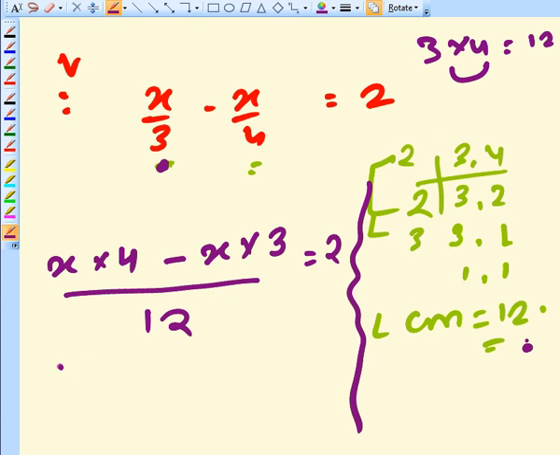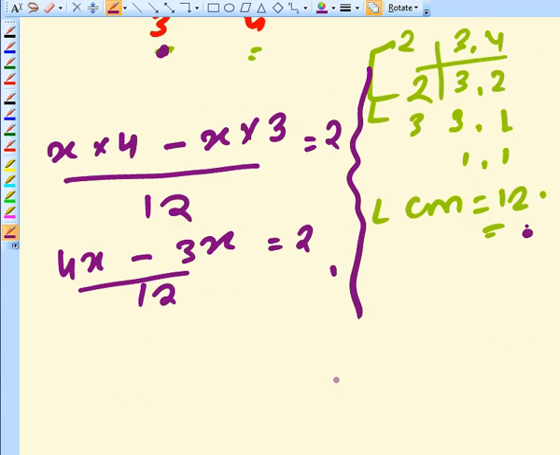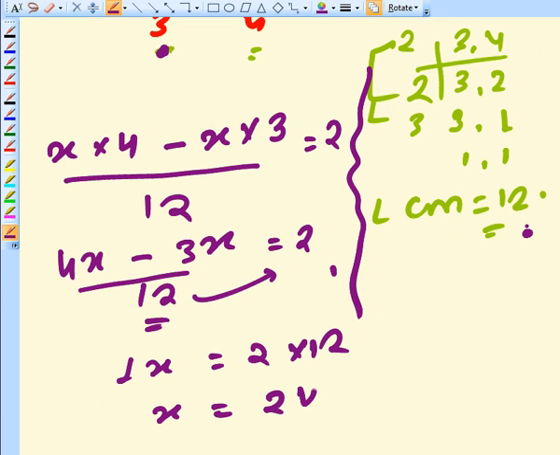Now 4 into x, 4x minus 3 into x, 3x upon 12 equals to 2. Now transpose this 12. So 4x minus 3x will be 1x only, and 2 into 12. So 1x can be written as x only, and 12 2s are 24. So x equals to 24 is your required answer.